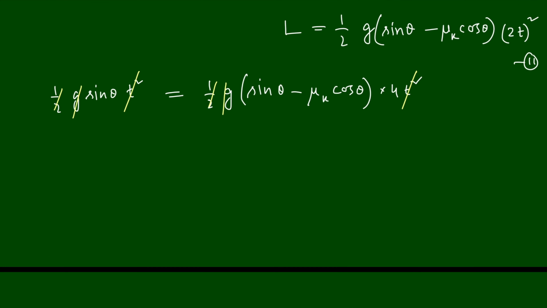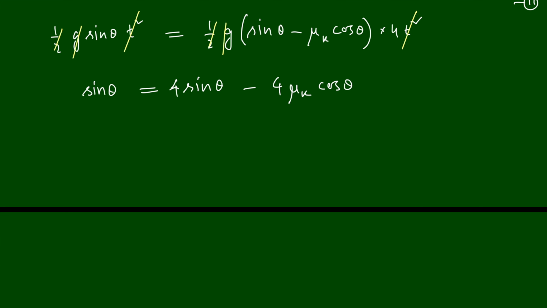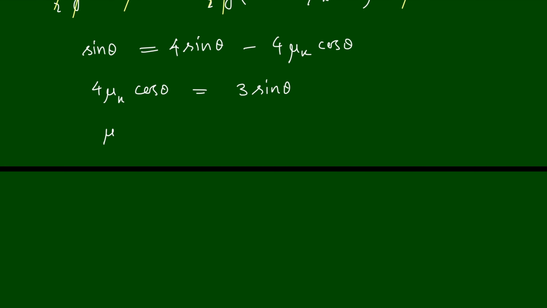So sin theta is equal to 4 times sin theta minus 4 times mu k cos theta, or we can say 4 mu k cos theta is equal to 3 sin theta, and mu k is equal to 3 by 4 tan theta.